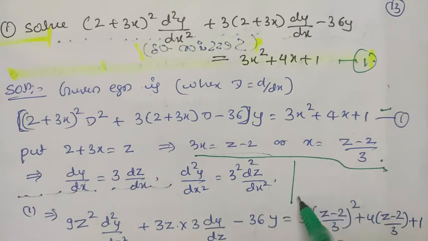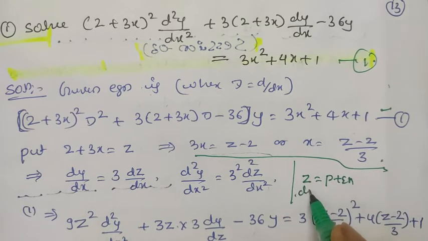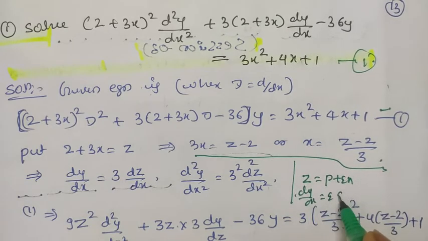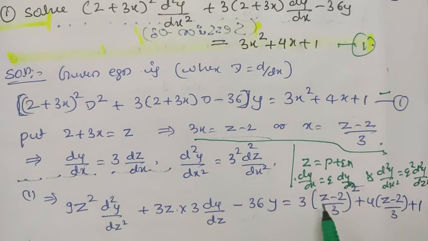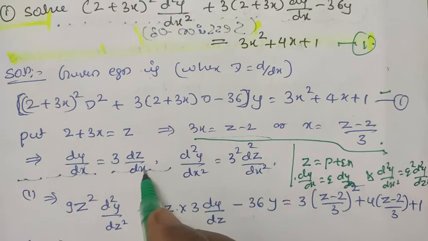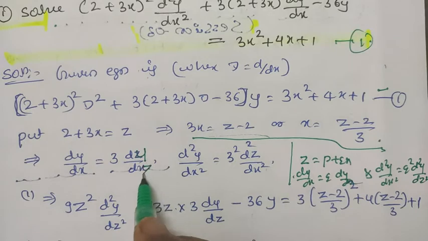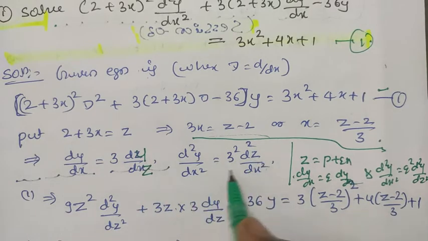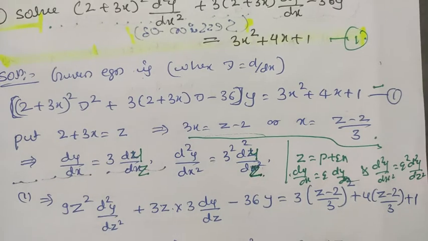Because we know if we put z = p + qx, then dy/dx is q dy/dz and d²y/dx² is q² d²y/dz². I made a mistake earlier; it is dy/dz.